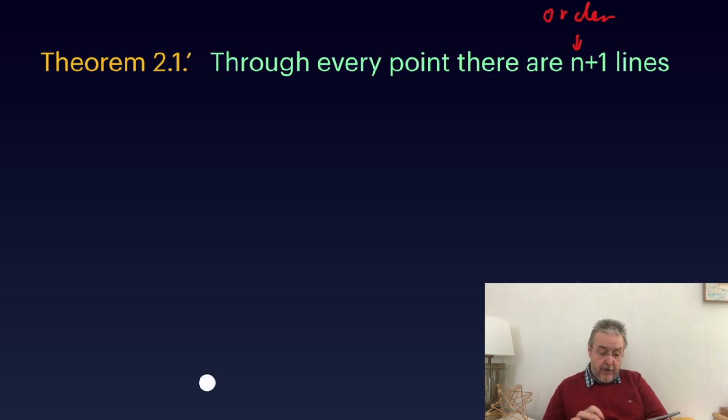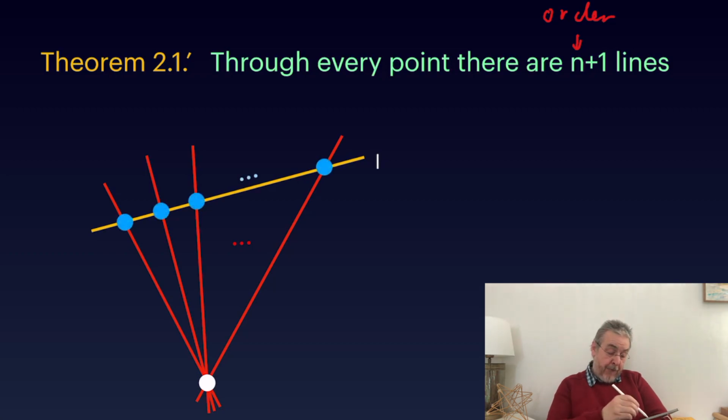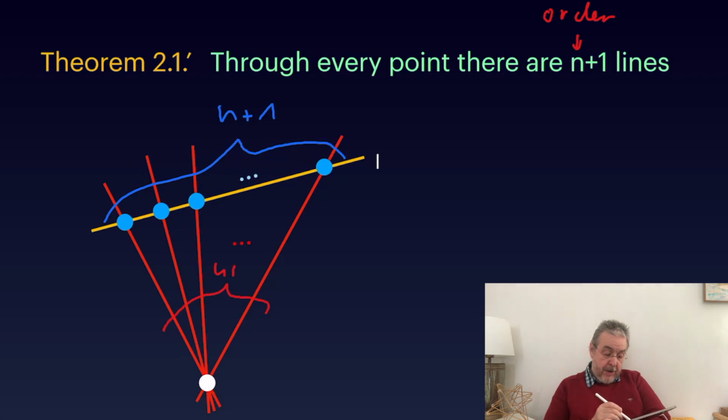So take a point, take any line, take all the lines that go through that point, take any line not through that point, and we just proved that we have altogether n plus 1 points here. So this means that we have altogether n plus 1 lines here.